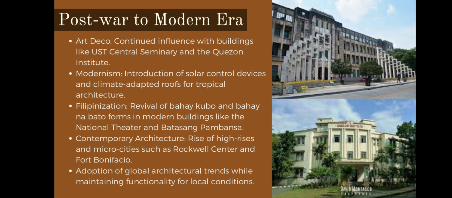The modernist architects introduced solar control devices and climate adapted roofs, addressing the challenges of tropical architecture. This era focused on functionality and integrity, with environmental considerations in building design.